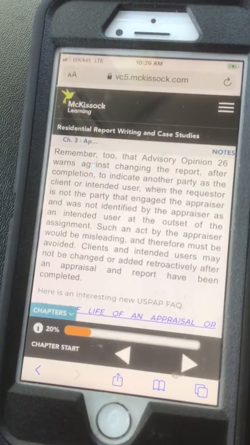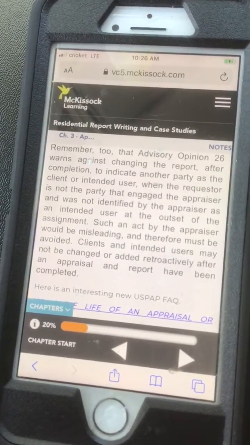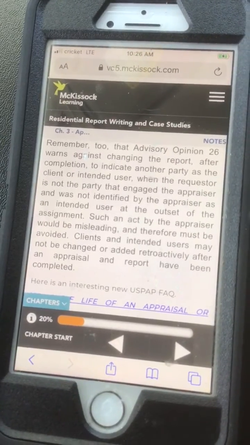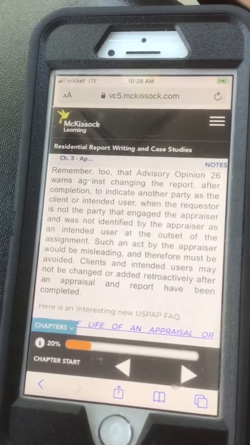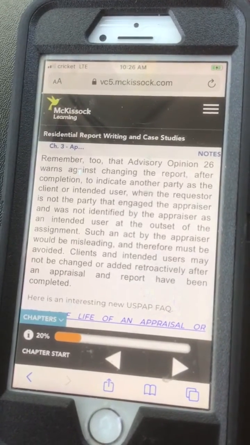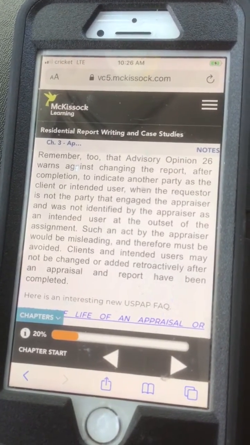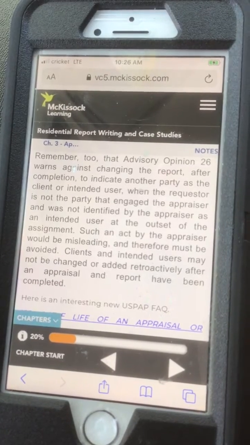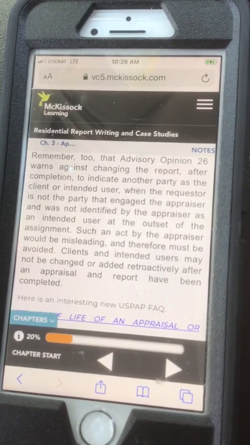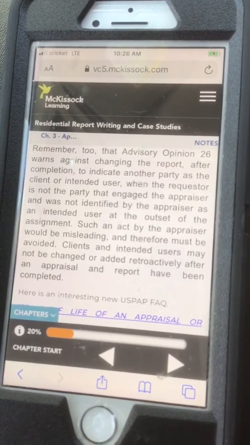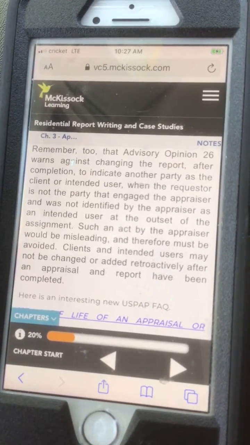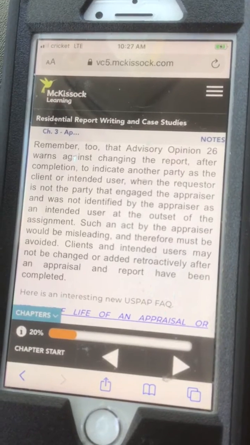Remember, too, that Advisory Opinion 26 warns against changing the report after completion to indicate another party as the client or intended user when the requestor is not the party that engaged the appraiser and was not identified by the appraiser as an intended user at the outset of the assignment.